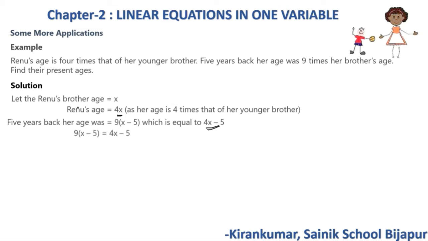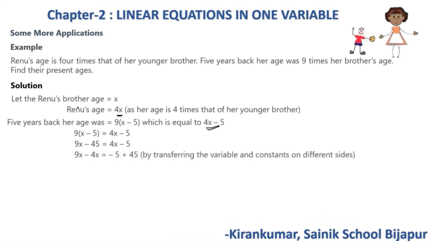Therefore, we equate 9 times of x minus 5 equal to 4x minus 5. On multiplying 9 to both the terms x and 5, we get 9x minus 45 equal to 4x minus 5. Now 9x minus 4x will be equal to minus 5 plus 45.